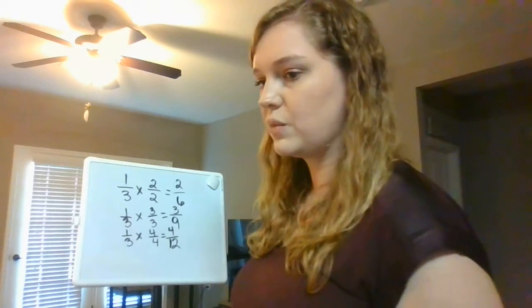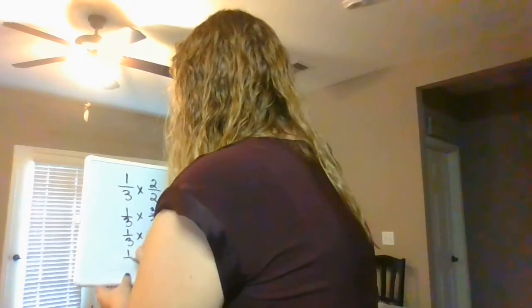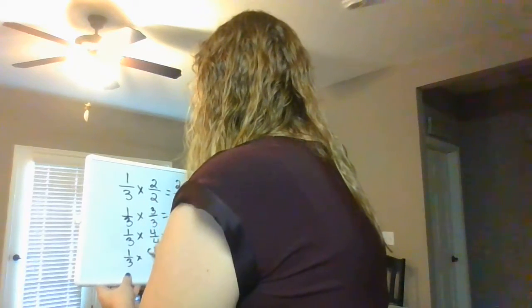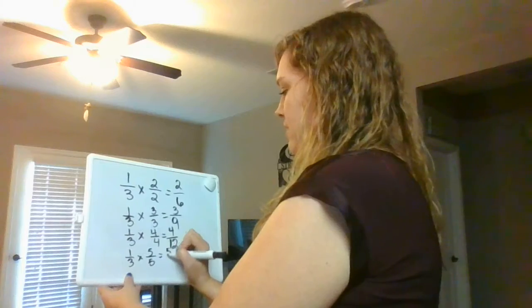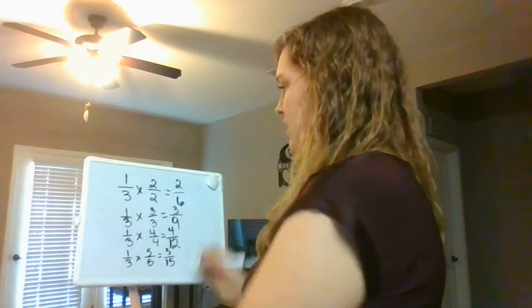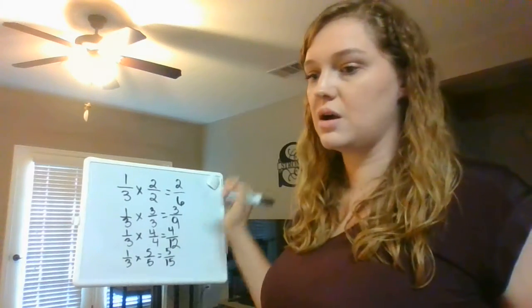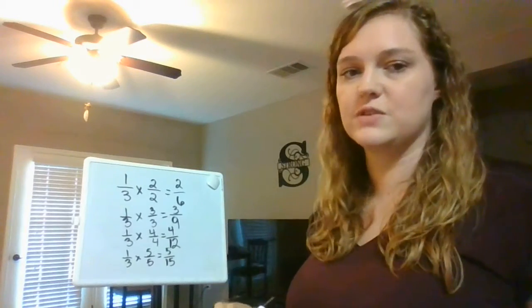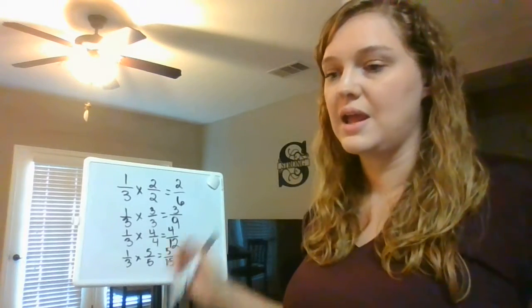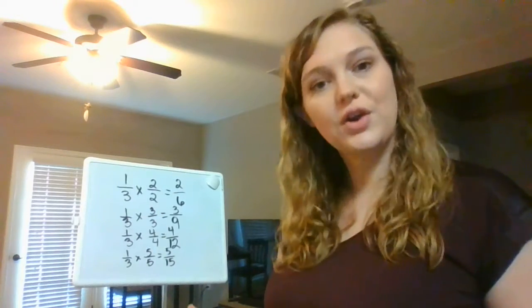And lastly, 1/3 times 5/5. 1 times 5, 5. 3 times 5, 15. So all of these are equal to 1/3. 2/6, 3/9, 4/12, and 5/15 are all equivalent fractions, and they all equal 1/3.